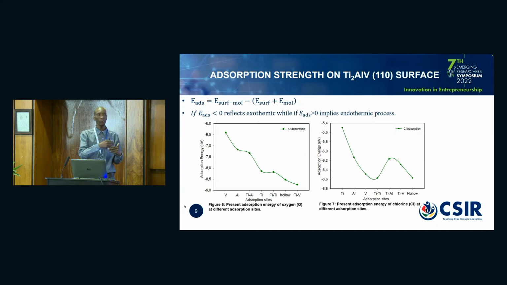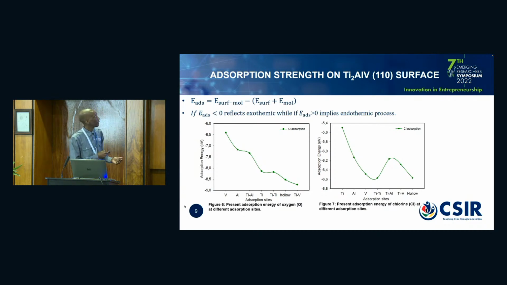Now, how do we predict the interaction stability or strength? We do it by calculating what is known as adsorption energy. It's the interaction energy between the molecule and the surface, or the impurity and the surface.